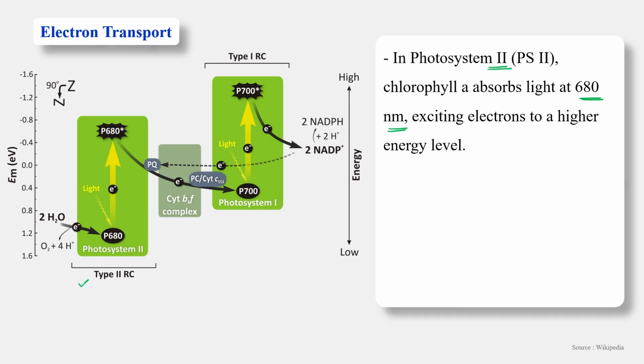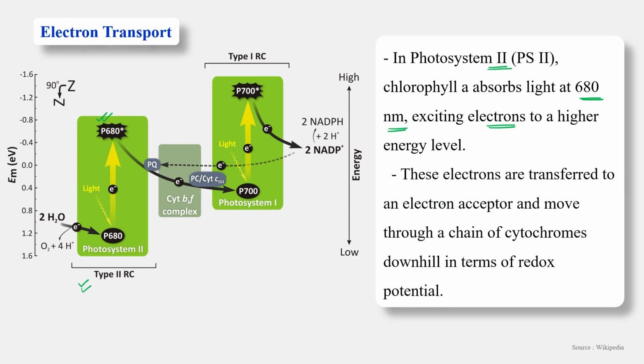After absorbing the light, it excites electrons to a higher energy level. As it absorbs light, the electron is released and put at a higher energy level.